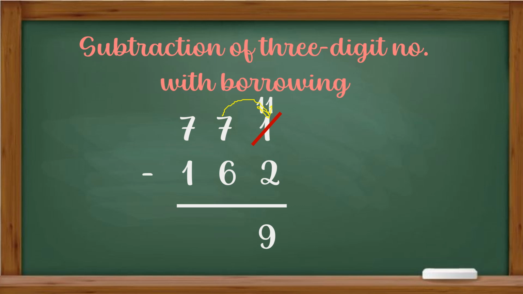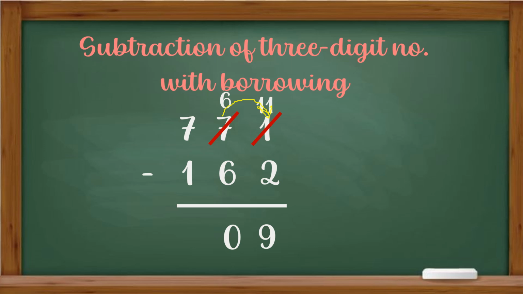First we will cut the 7 and then we will write 6. Now 6 minus 6 is equals to 0. As I said, whenever we subtract same numbers, we get 0.